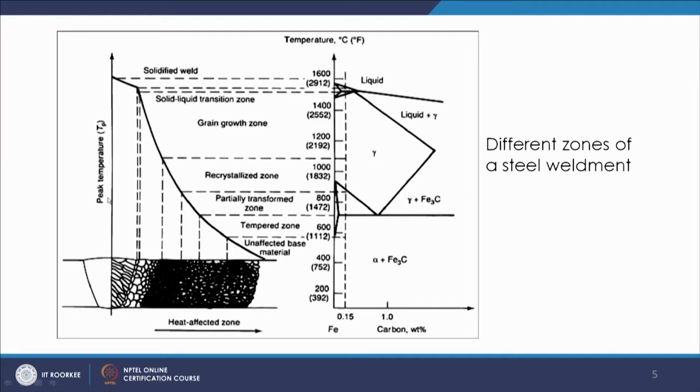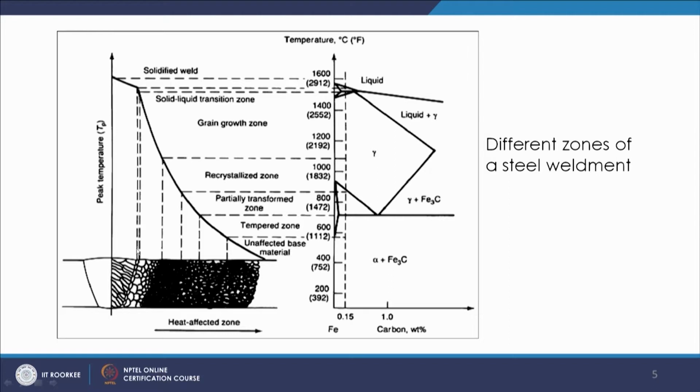This is the weld metal zone, which is at a temperature around the liquidus temperature and even a little higher. Here the metal is completely liquid and then has solidified. That is the solidified weld, and then you have this zone as the solid liquid transition zone.